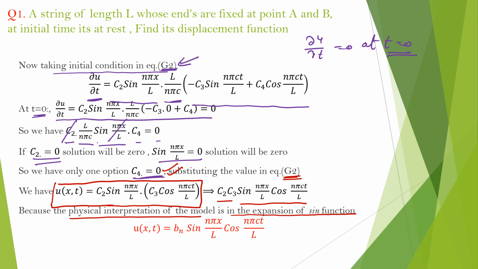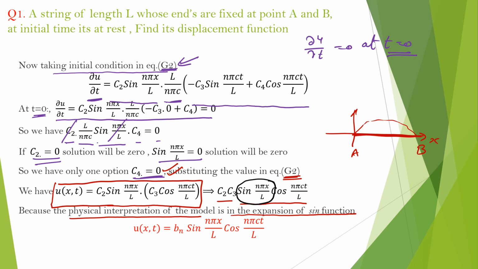Why? Because the model is like this in the direction of x. We can neglect the time, but the model will exist only if points A and B are there. That means the direction x is the important factor. So it is mostly depending upon the sine term.